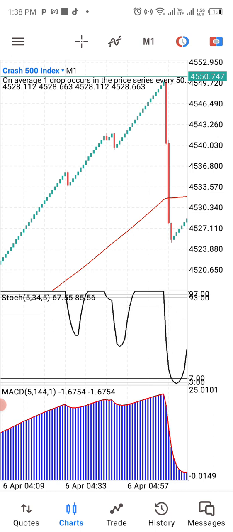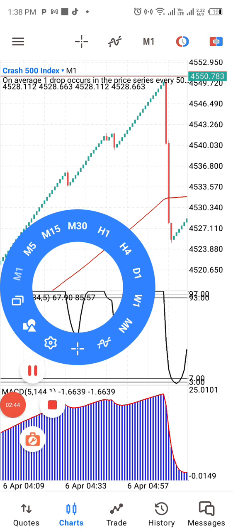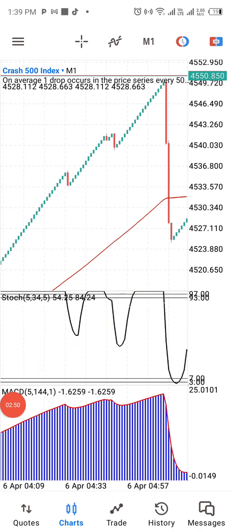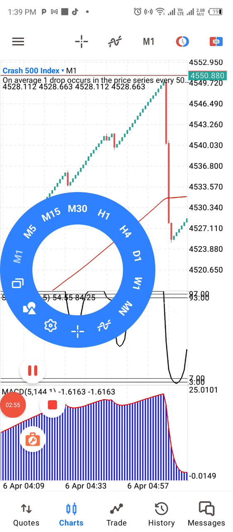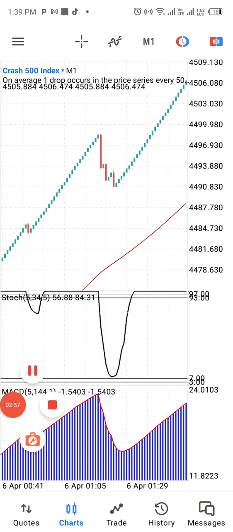Don't include Boom 300 or Crash 300 because of the volatility and the lot size. So just make sure you follow me so that you understand everything and how it works. Now let me quickly share the setup with you so that you understand everything at once.